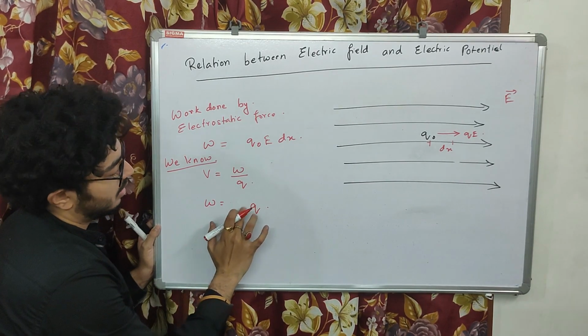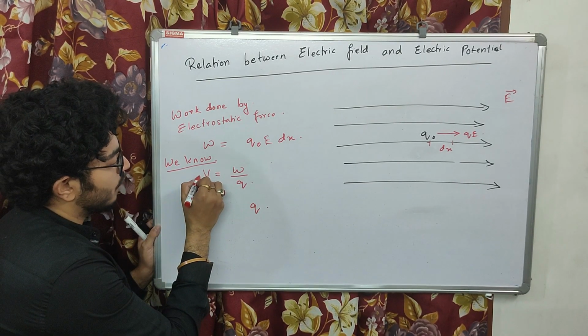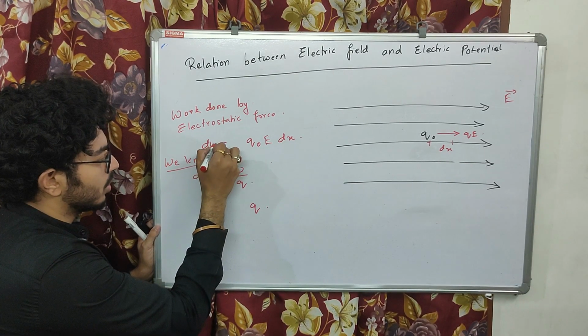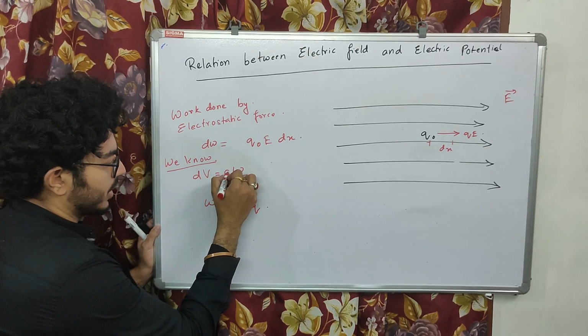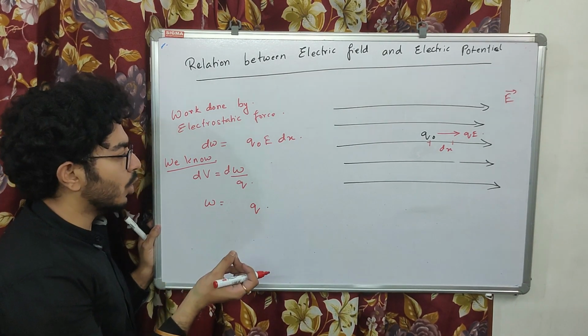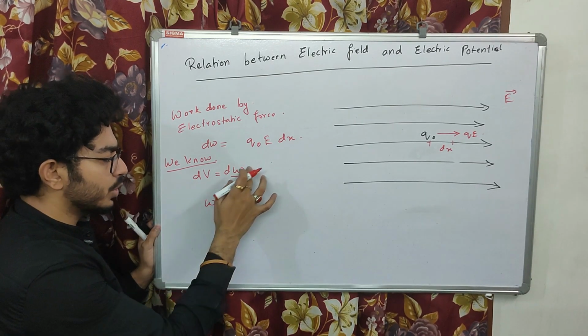But over here this is not W, actually this will be dW, a very small amount of work. So dV is equal to dW by Q.